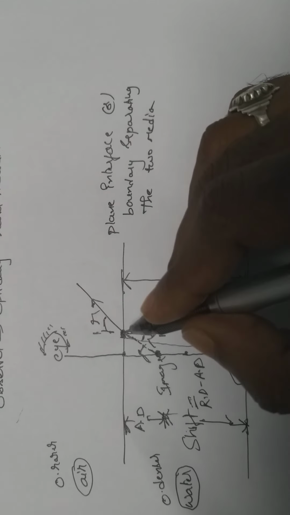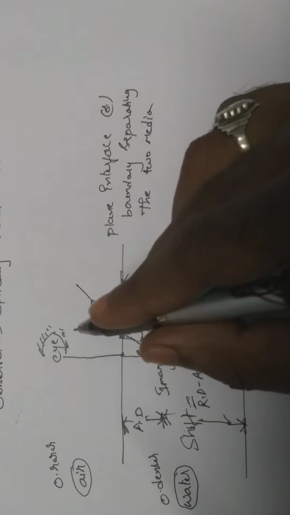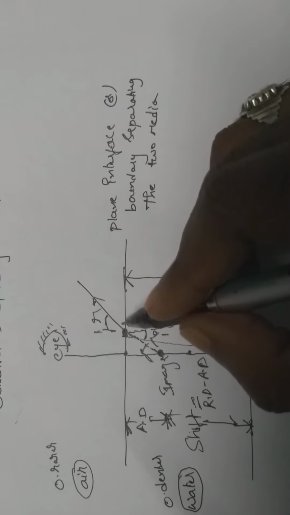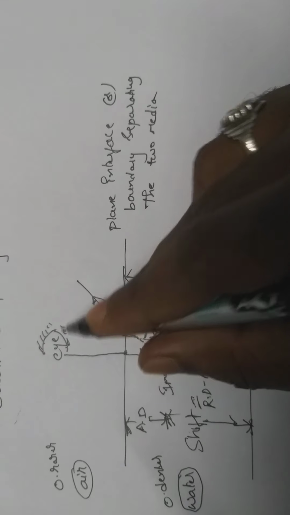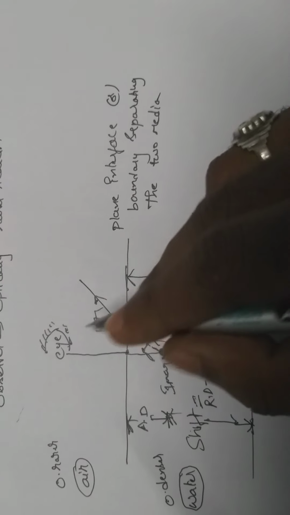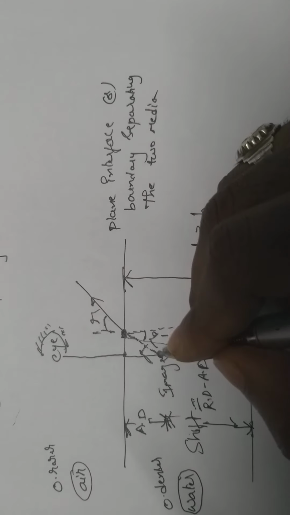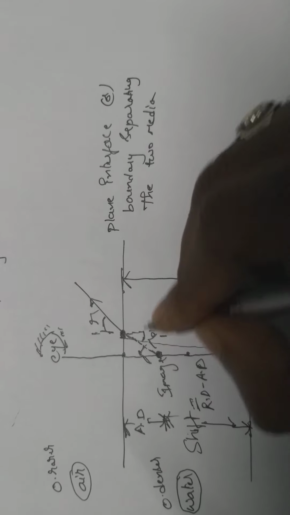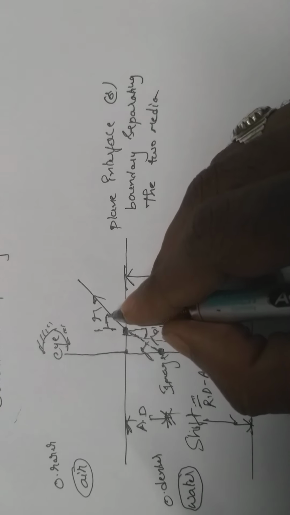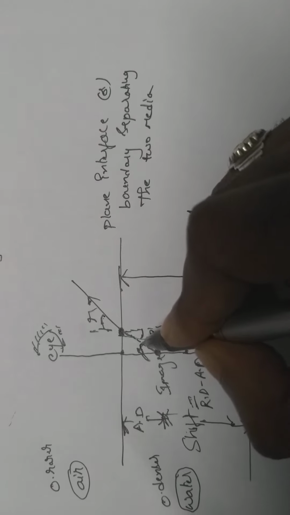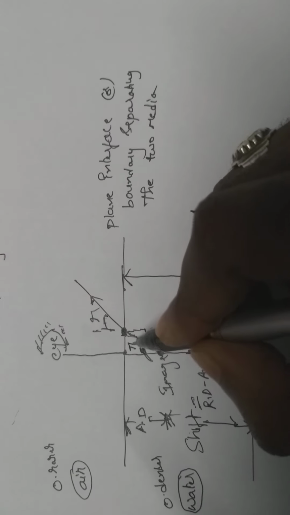Actually this is near normal incidence, so the angle of incidence and angle of refraction are very, very small, and this refracted ray also reaches the eye. So the eye observes the image of the coin at this position. This is the angle of incidence, and this is the angle of refraction, and this also becomes an angle of refraction.